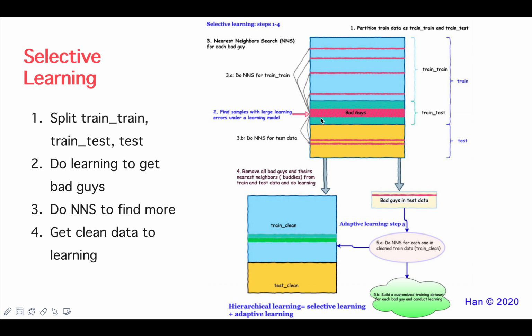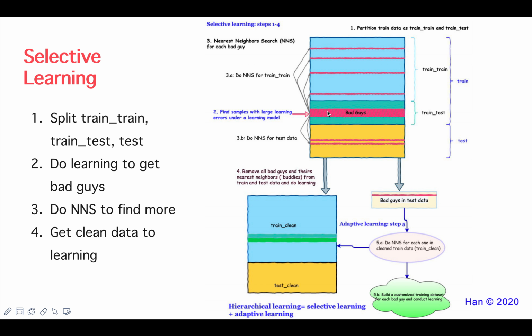And then in this train, we will use KNN, SVM, random forest, or XGBoost, this kind of machine learning, to predict the test.